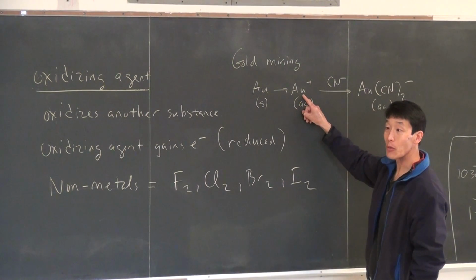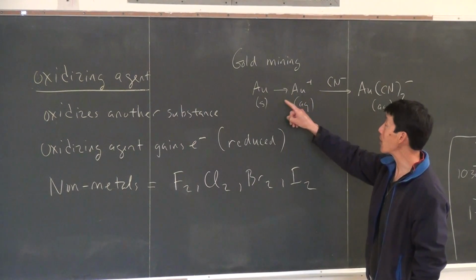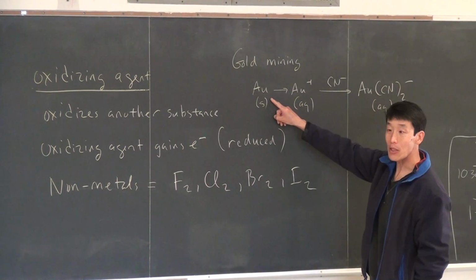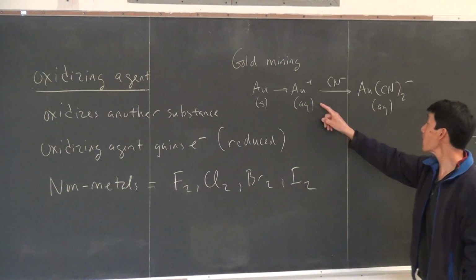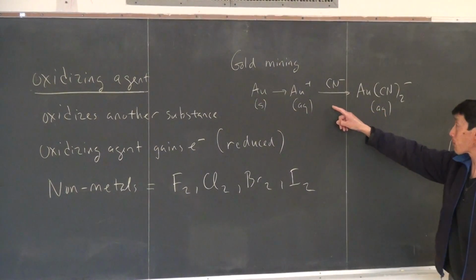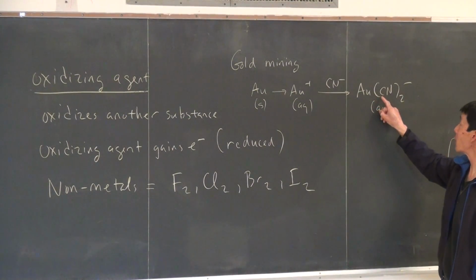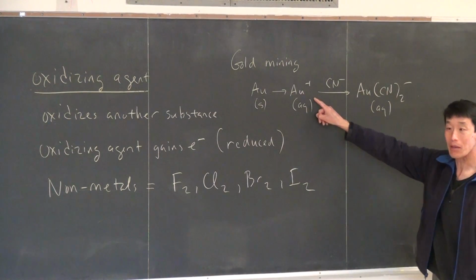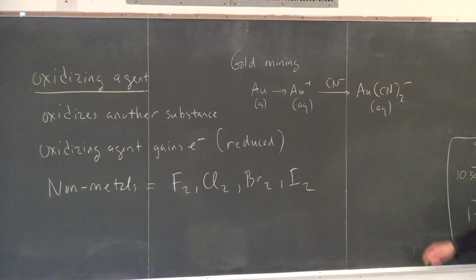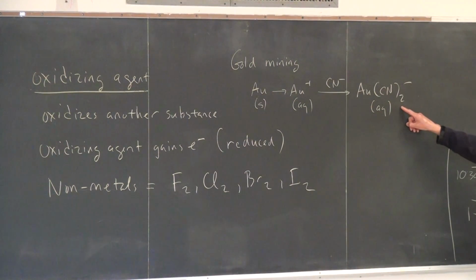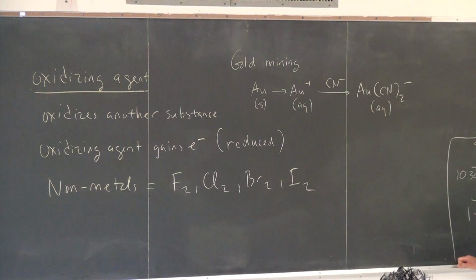So the gold ion is in solution, keeping everything else as a solid. Once you have this in solution, it's actually easier to collect this than it is to collect that. Then once you've done your separation and isolation, you have to reverse and get your gold metal back again. Jeff?